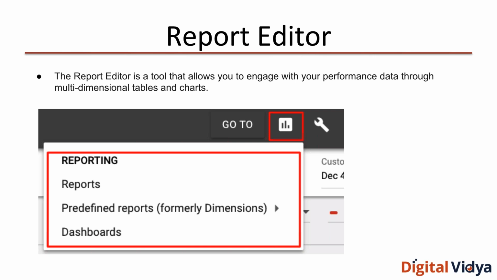Yeah. So if you click on it, you see a reporting drop down and you see three different options. One is reports, predefined reports and dashboards. Predefined reports in the old interface used to be called dimensions. Now it's called predefined reports.